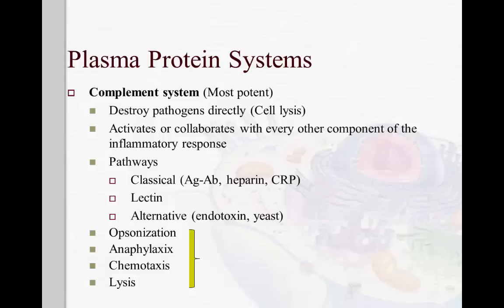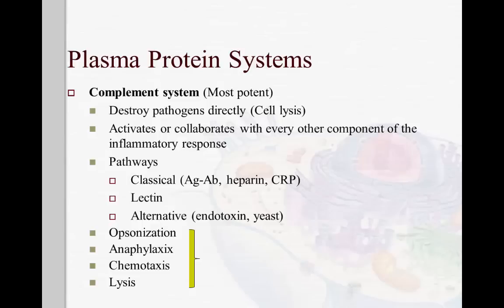So what are the end results that you need to know for your exam? Basically the functions of the complement cascade are anaphylaxis, leukocyte chemotaxis, opsonization, and cell lysis. Cell lysis is produced, remember, in the lectin pathway, because there are pores that are opening and there's entrance of water and swelling of the cell and burst.